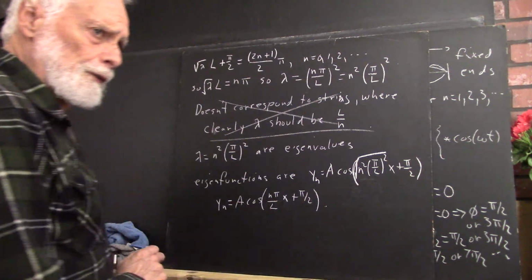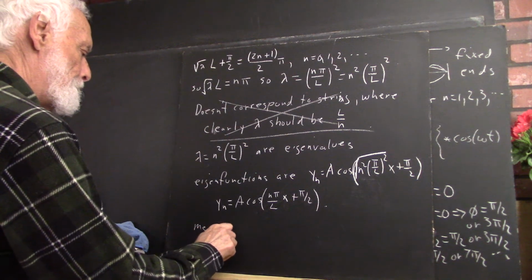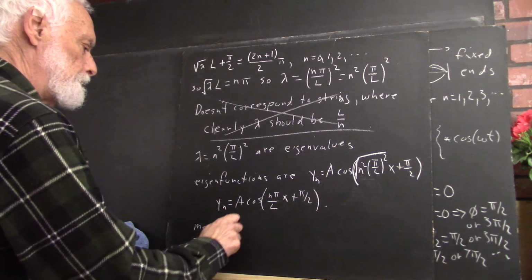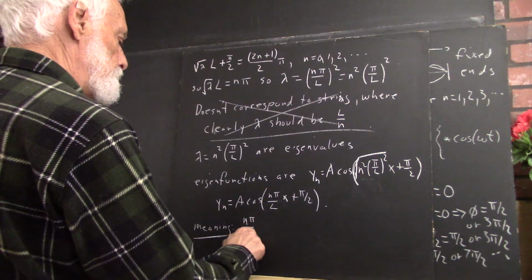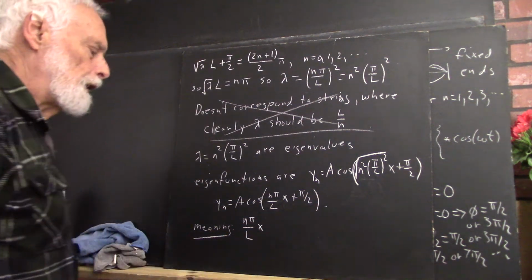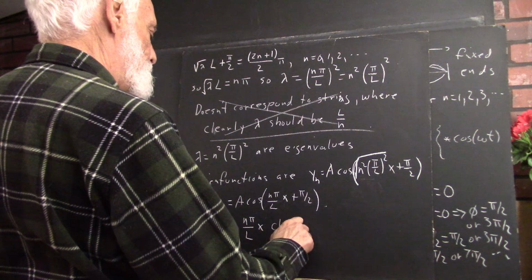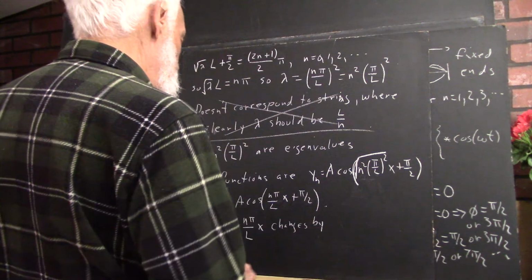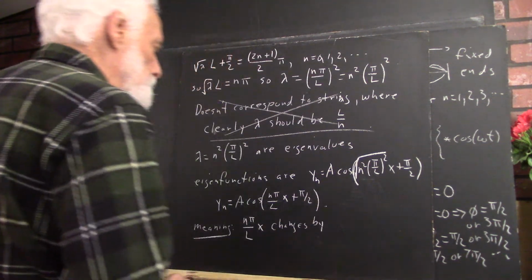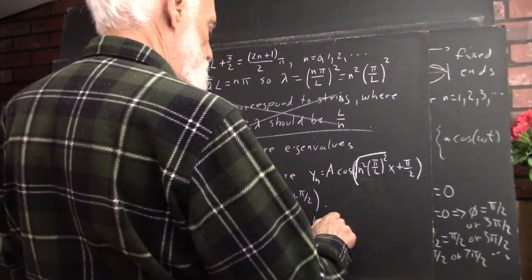Okay, so this corresponds now to, let's make sure this has the right meaning. N pi over L x changes by pi.